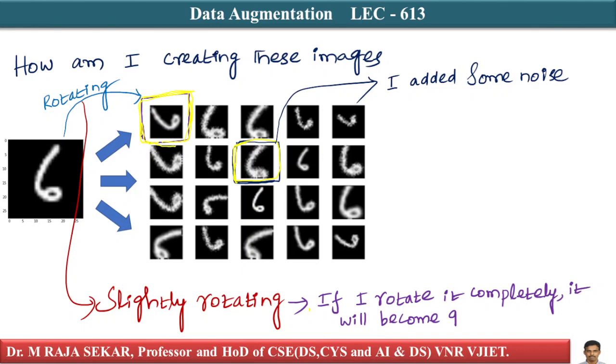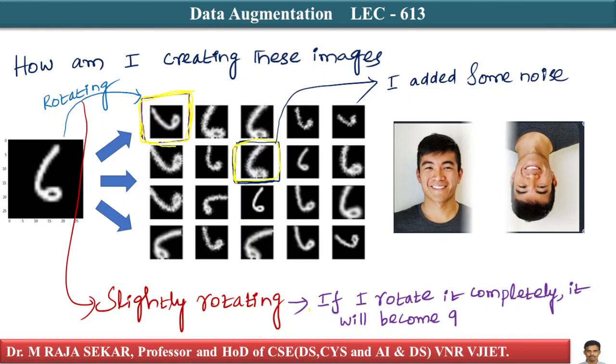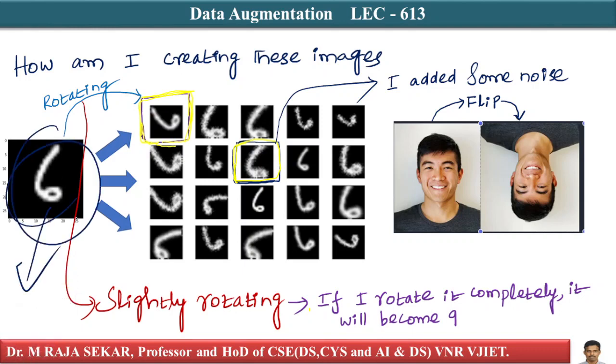Some of the operations that we do are things like flipping an image. Flipping an image may not be right for this particular 6. But flipping is appropriate for faces.